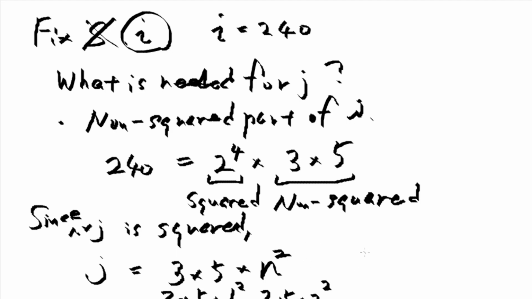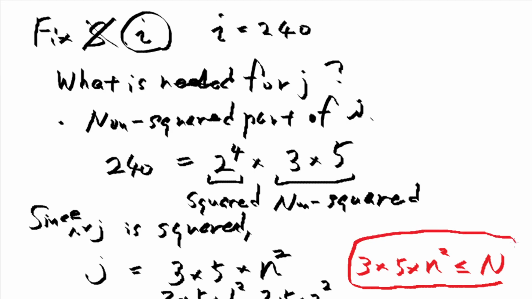And we have a limit that 3 times 5 times k squared is less than or equal to n. This is a requirement for j.